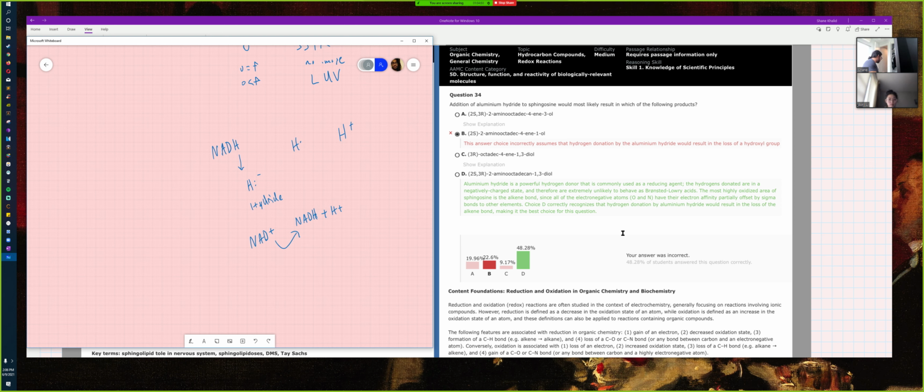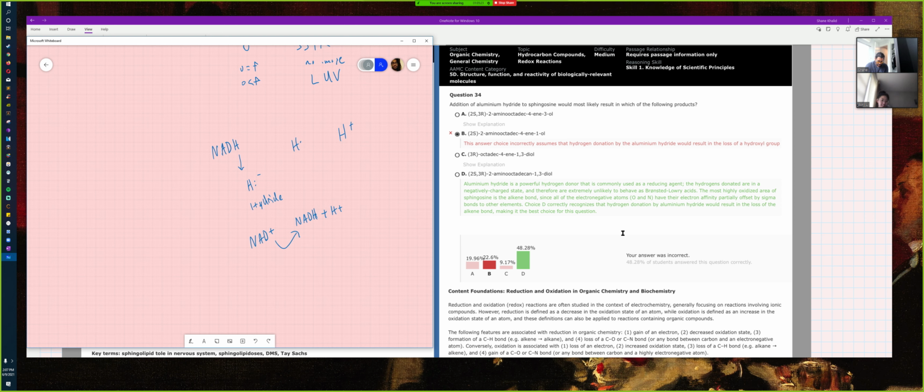I think in one of my notebooks I have a list of some reagents to know, like KMnO4 stuff like that. NaBH4. Yeah, I also have a list too.